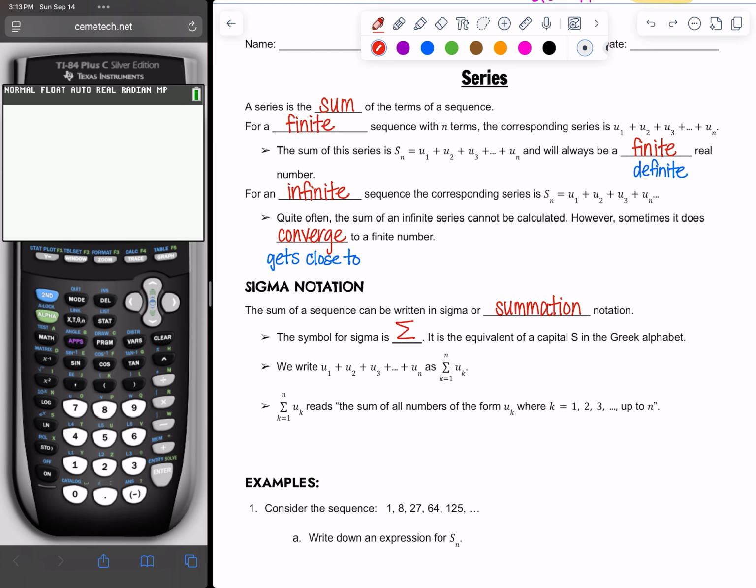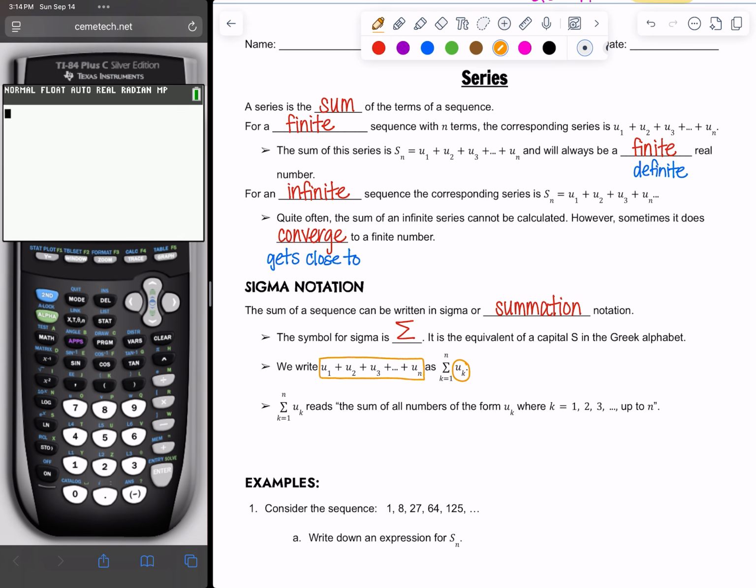When we write our sequences being added together, instead of writing them out where we're just adding, we can just write it as the sum as k goes from 1 to n of u of k, where u sub k represents the pattern or the sequence expression here.